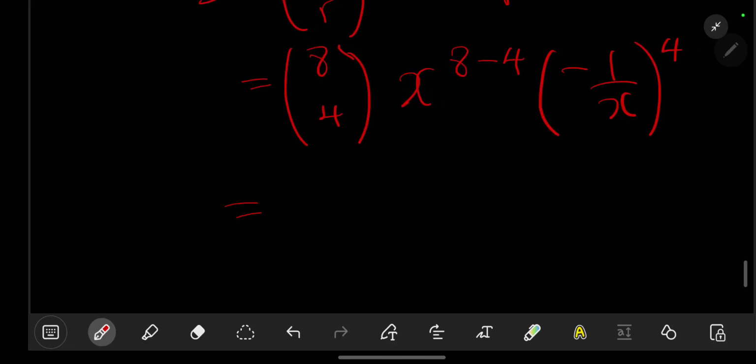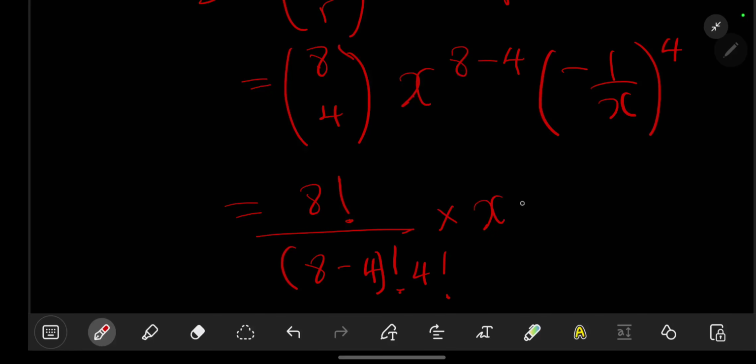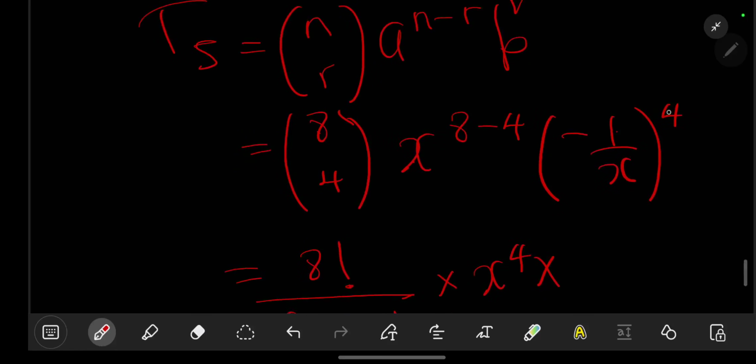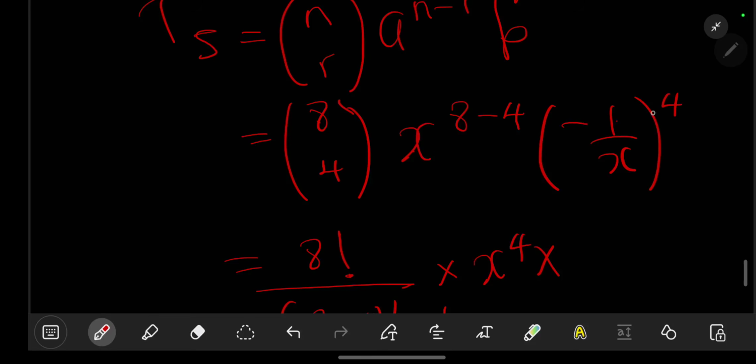So we are going to find that it will be 8 combination 4. So this 8 combination 4 is the same as 8 factorial over 8 minus 4 factorial, then repeat the 4 factorial, times your x, 8 minus 4 is 4, times negative 1 to the power 4, it will be equal to positive 1.